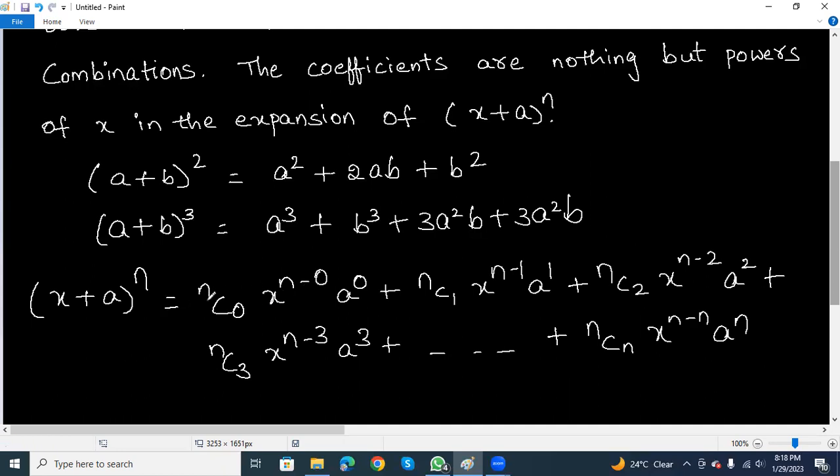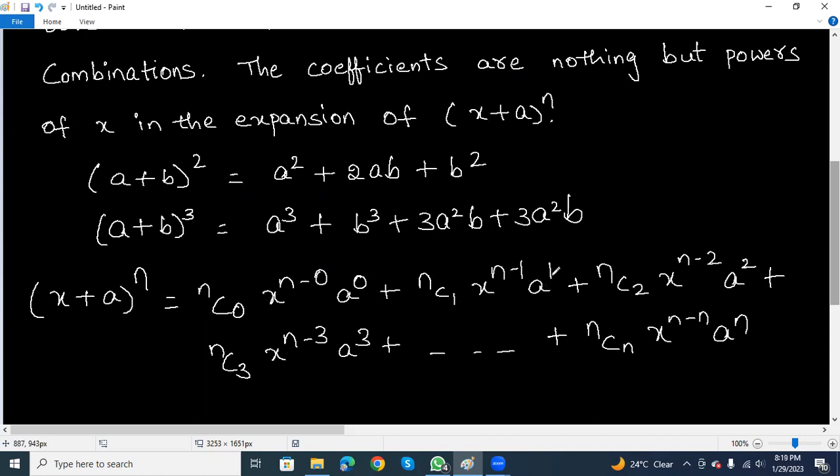If we want to expand a binomial expression with any power, this is the way. That means first we have taken nC0, x power n minus 0. These two things we need to subtract, and a power 0.